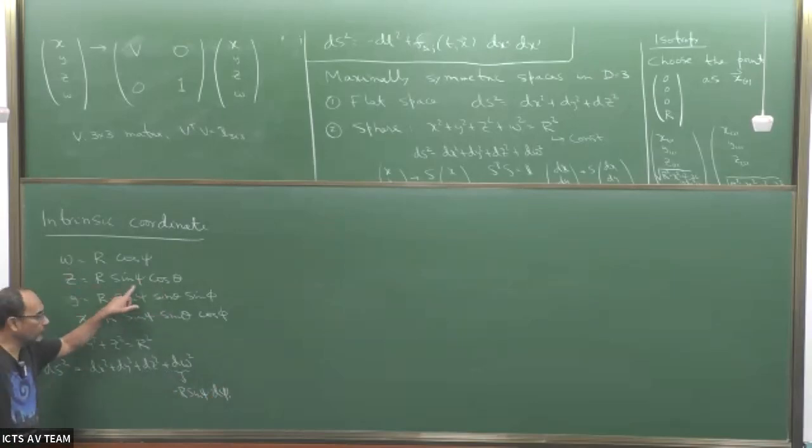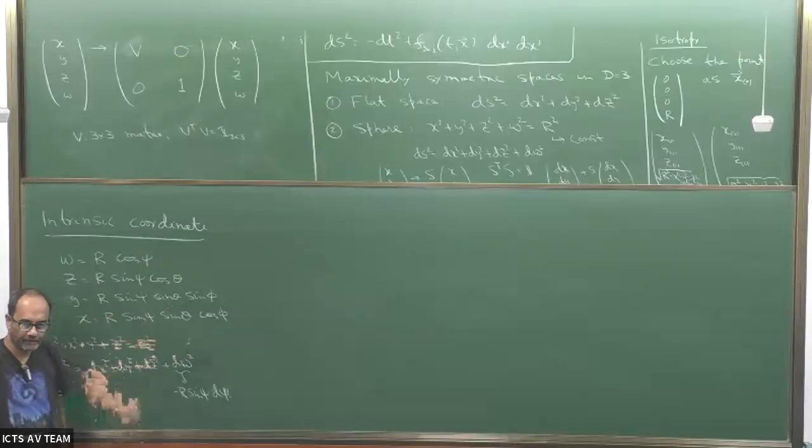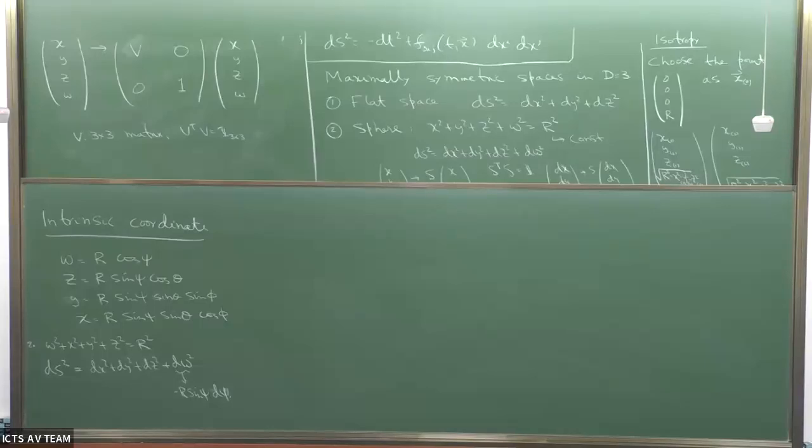This one will have a sum of two terms, as you have to vary sin psi and cos theta. This will have a sum of three terms, and this will also have a sum of three terms. If you calculate all that, square it and add, then this becomes, so this is the exercise.